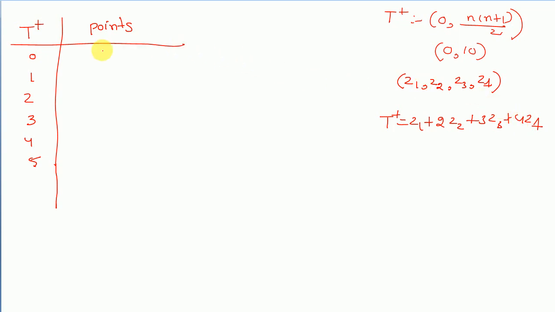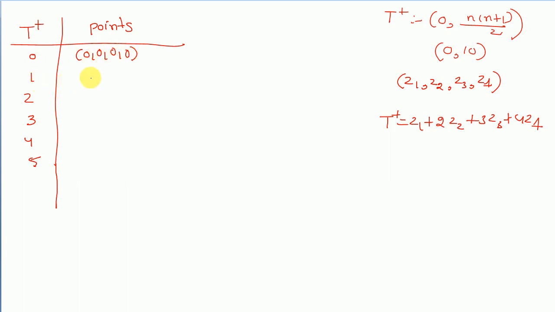You can easily observe when T plus will take value 0: only when all Zi's are equal to 0. Other than that, it will not take value 0. So if all Zi's are 0, this tuple has all entries equal to 0: 0, 0, 0 and 0.